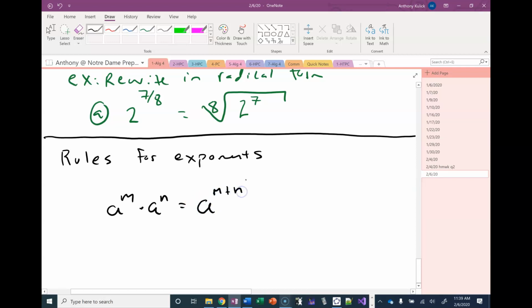Yeah, a to the m plus n. Right? So for example, if I have 2 to the 3rd times 2 to the 5th, that's going to be 2 to the 8th. Right? Because I had 3 2's and 5 2's, so altogether I'd have 8 2's. Is everybody okay there? Okay.